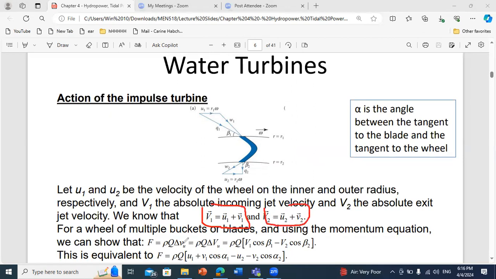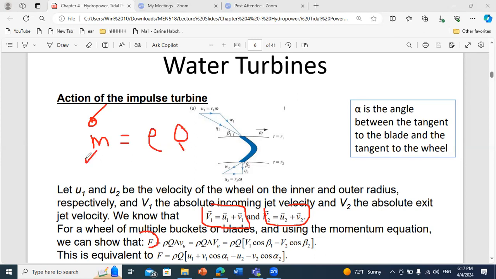Now, as we said, the force developed by water on the blade can be written as follows. When you write the momentum equation, you can end up with the action that water exerts on your turbine. So what is the force? It's mass flow rate m dot. And you know that the mass flow rate of water is simply the density times the volumetric flow rate of water.